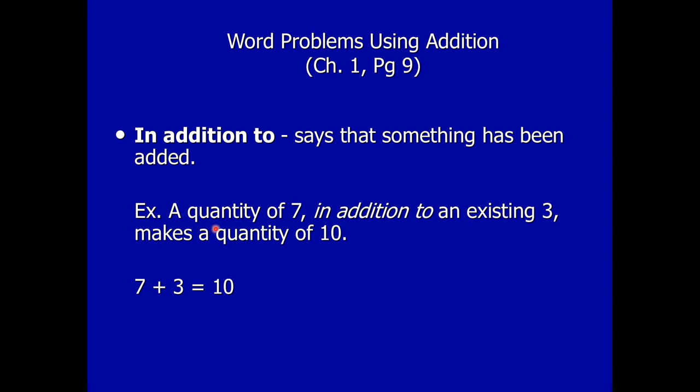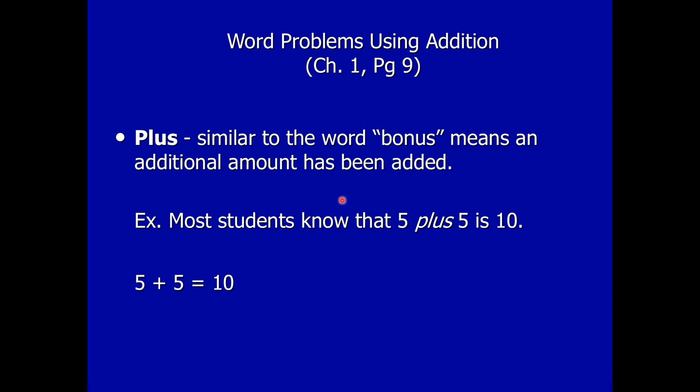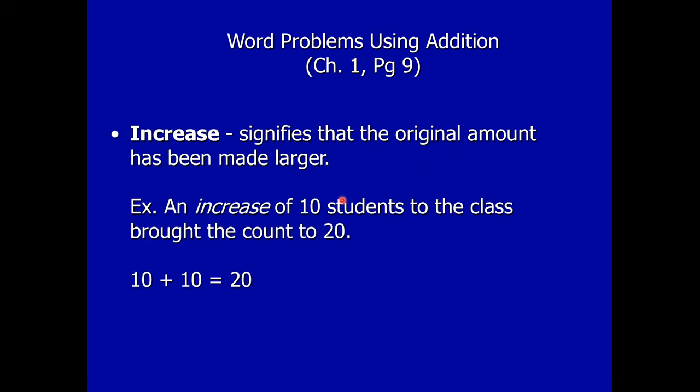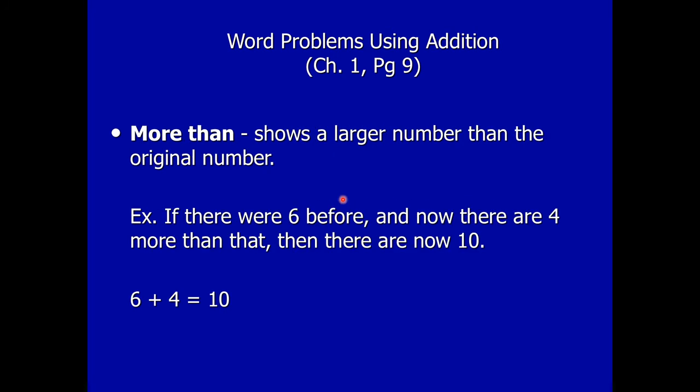So we try to make those keywords italic so you can see the keywords in the sentence. It might be plus, sometimes we write, most students know this plus this, okay? We sometimes use the word increase, an increase of these, to the students brought to these. Okay, so that's also a plus, meaning addition.